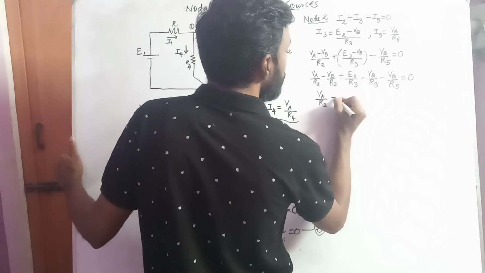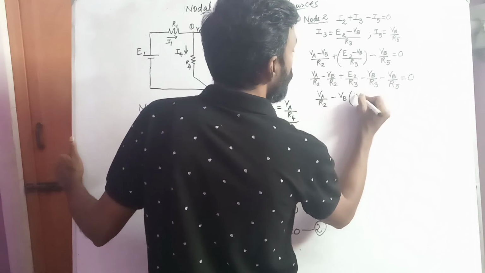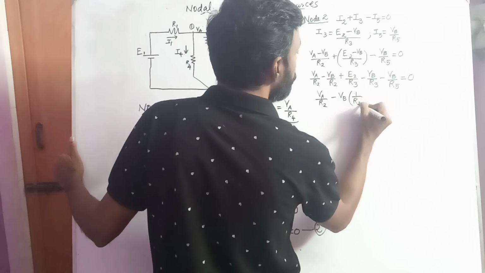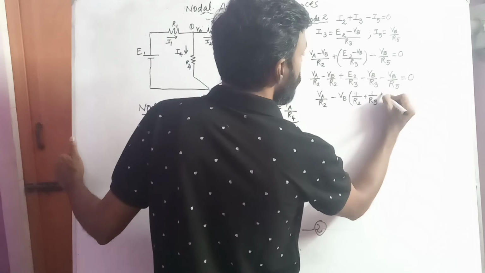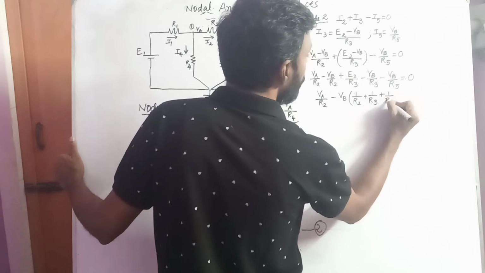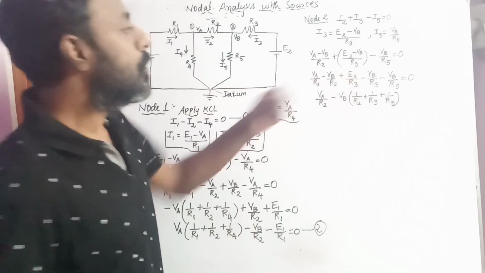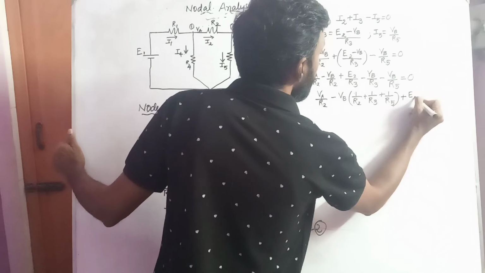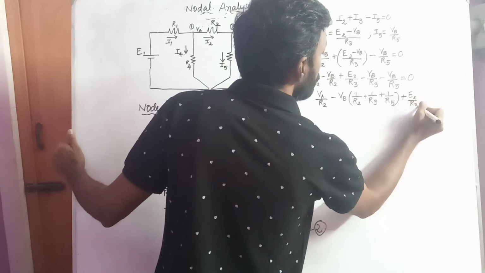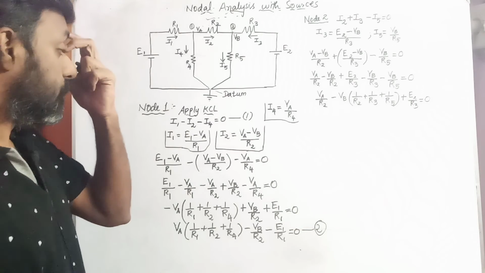Minus VB into 1 divided by R2 plus 1 divided by R3 plus 1 divided by R5. Now plus E2 divided by R3 equal to 0.